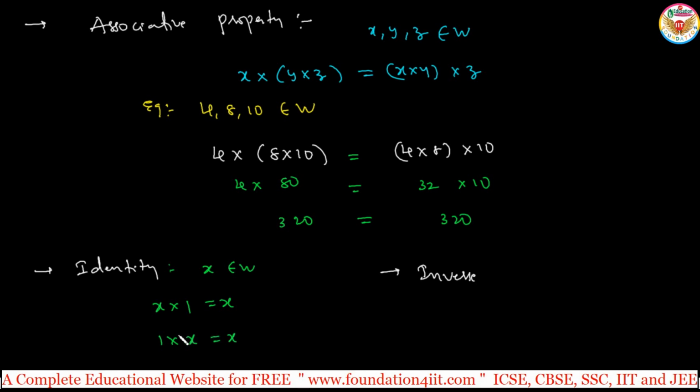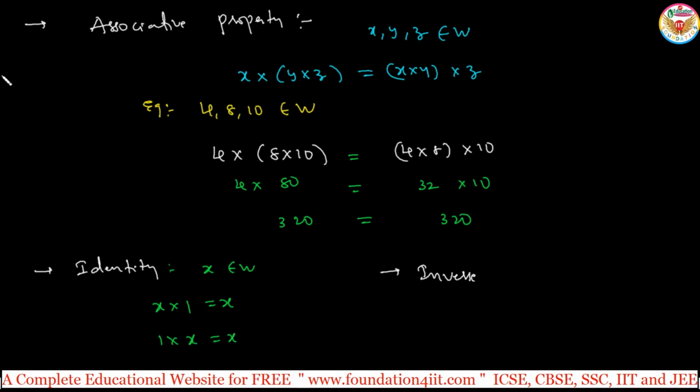So multiplication of any whole number with 1 is the number itself, right? So the whole number 1, for each x, x into 1 and 1 into x is always x, is called the multiplicative identity or identity element for multiplication. So 1 is the multiplicative identity for any whole number.